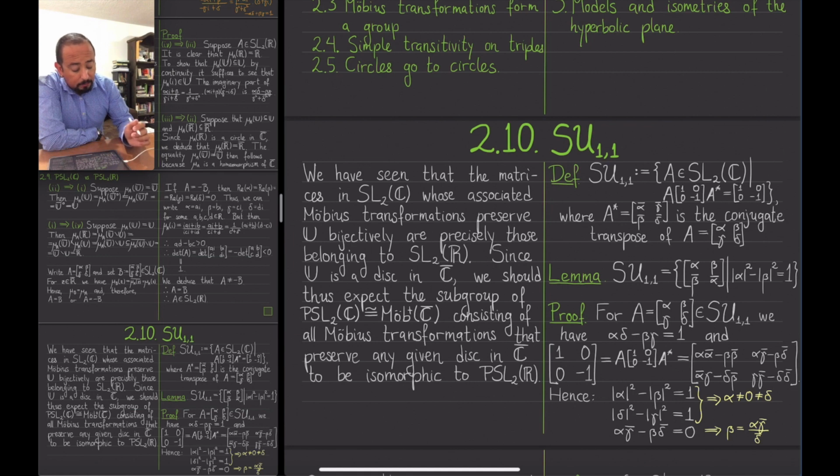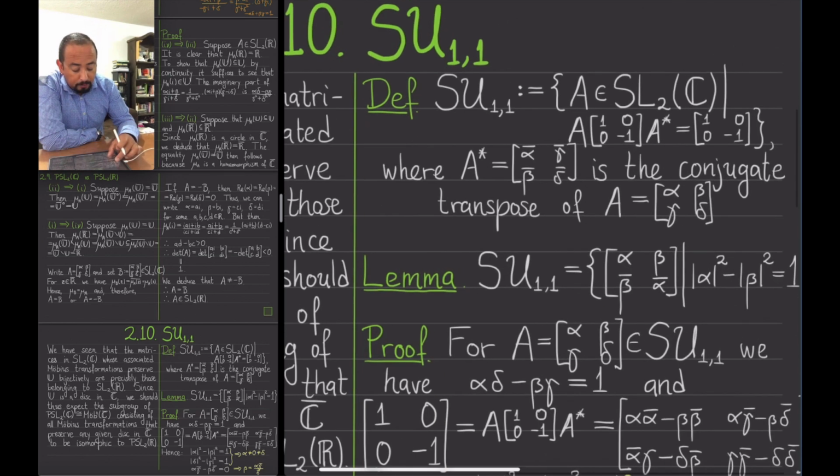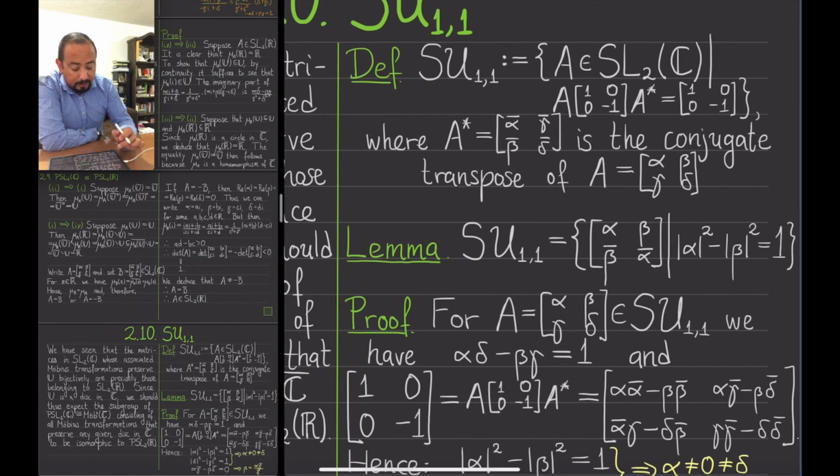Okay, and now we would like to characterize explicitly the elements of SU11. Or more specifically, we would like to see how, if you give me such an A, what can I say about its entries, right?